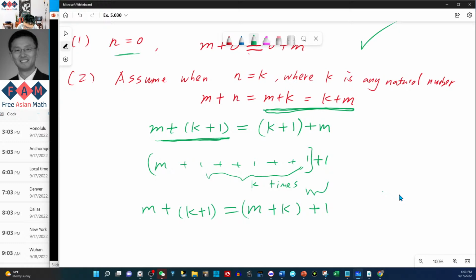But by our induction assumption here, we know m plus k equals k plus m. So by this assumption in our induction step, this one equals this one. So this equals k plus m plus 1. You all agree?